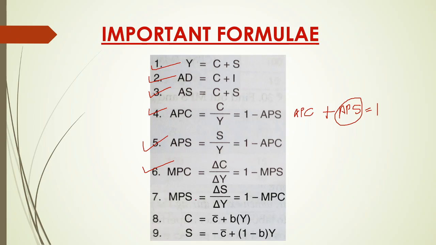MPS is equal to del S by del Y, that is, 1 minus MPC. Why? Because MPC plus MPS is equal to 1, and the other formula for MPC is del C by del Y and the other formula for MPS is del S by del Y.